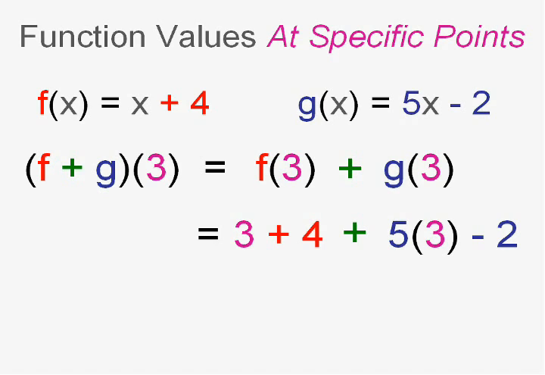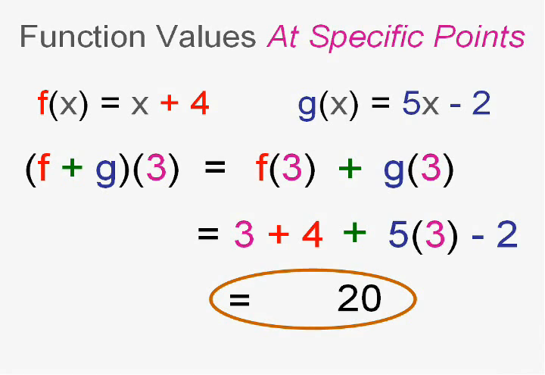And since we put in a specific value, we can get out a specific value. 3 plus 4 is 7, and 5 times 3 minus 2 is 13, so f plus g of 3 actually equals 20. That's how you find it at a specific value.